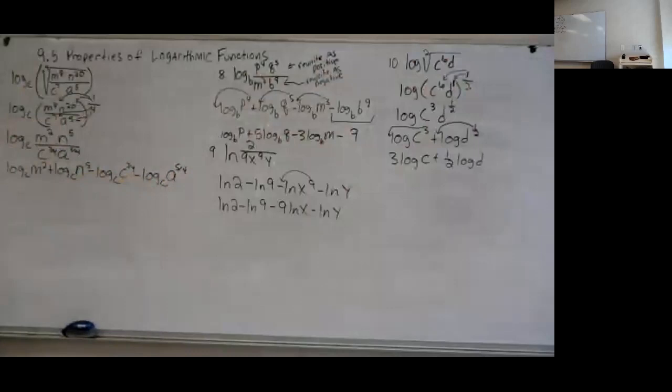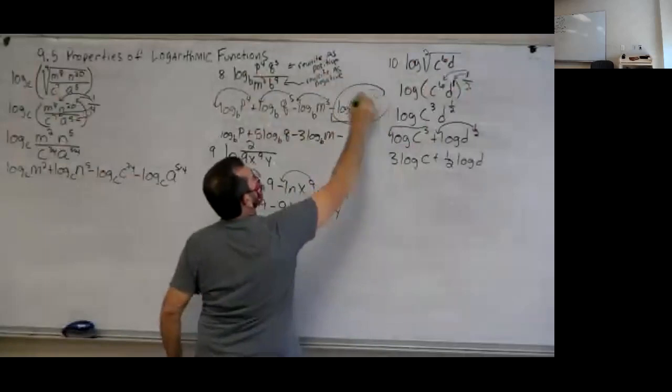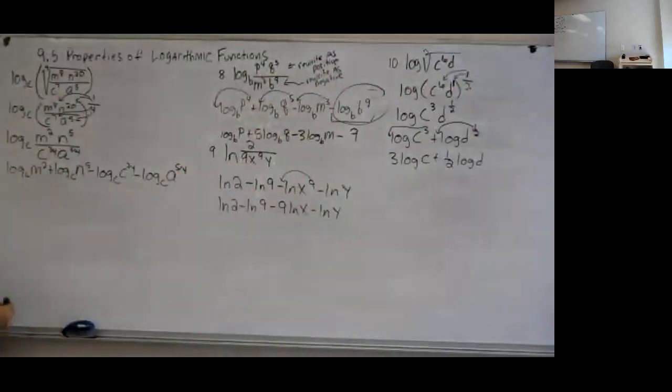All but one of these we're about to do something to. One of these is going to follow. This part right here: log B of B to the 9. Look at this, that's a log C of C to the 7/4. So that's just going to equal the 7/4, okay? So the rest of these, bring the exponents down.